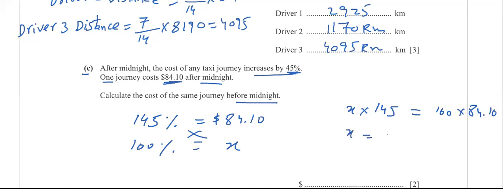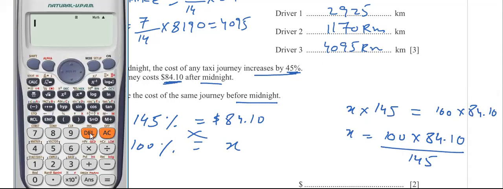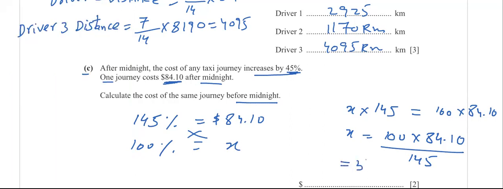So what will X be? 100 multiplied by 84.10 divided by 145. So 58. It means $58 is the original cost that after midnight has increased to this one.